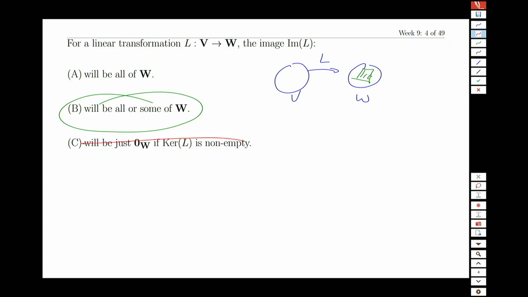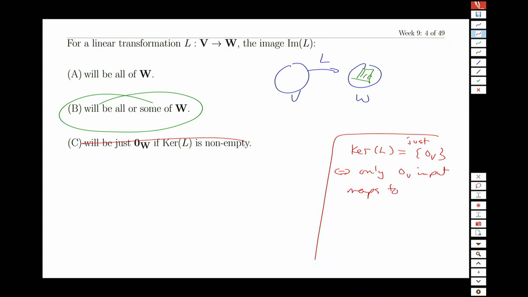There was something that we talked about last week with kernels and zeros, but it was a little bit different. We said there's an equivalency between the kernel of L being just the zero vector, and saying that only the zero vector input maps to the zero vector output, because all linear transforms map 0 to 0 no matter what.